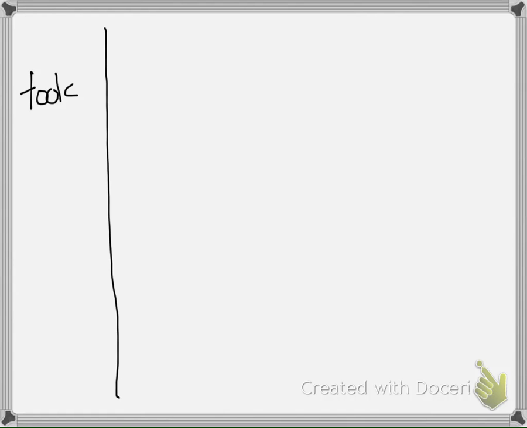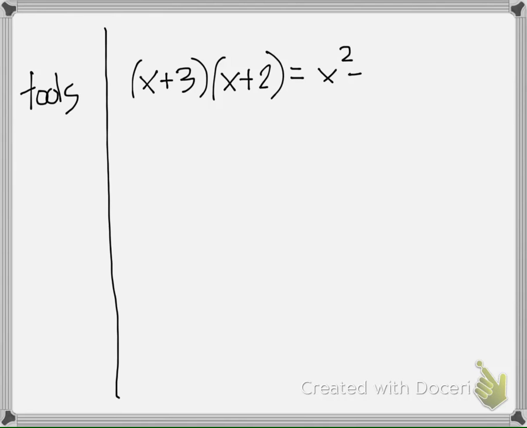Before we start factoring, we now have that background information. Let's give you some tools in order to be able to factor. So let's say in this class we have been taking binomials such as this one, and we've been foiling them. And when you FOIL them, we see that that's x squared plus 3x plus 2x, which is 5x, plus 3 times 2, which is 6.